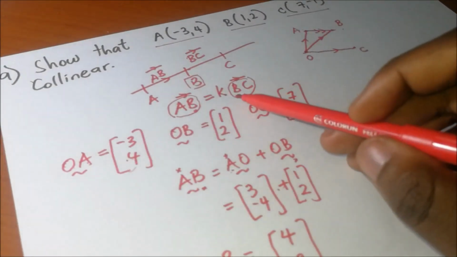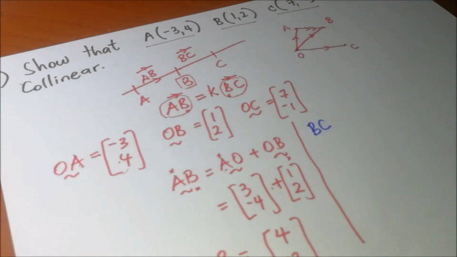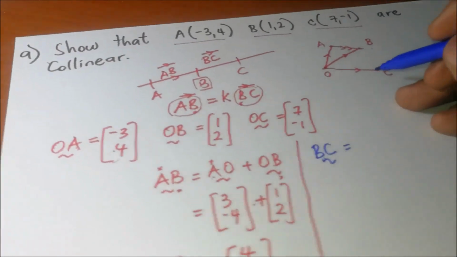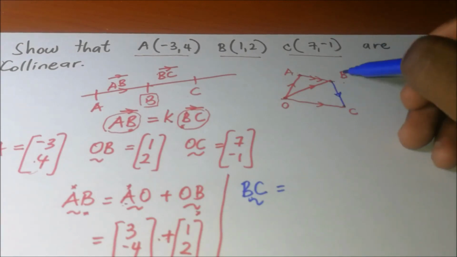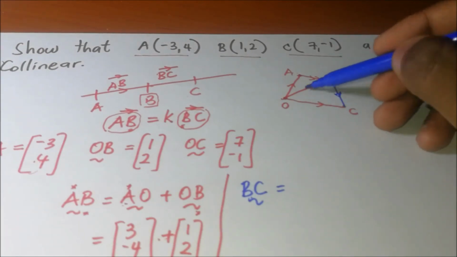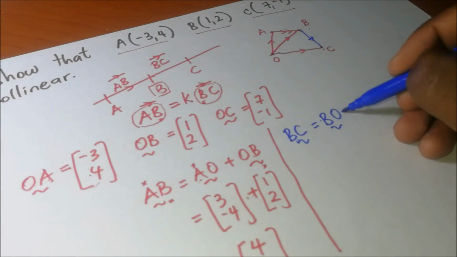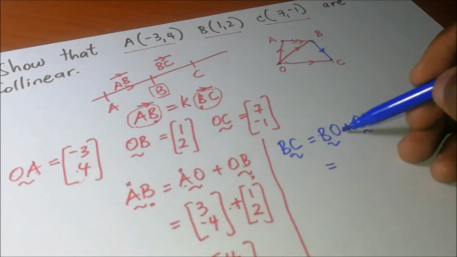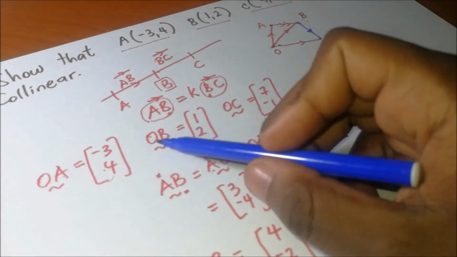So I'm going to go ahead and find BC. I'll use different ink. So to find BC, still looking at our little diagram, if I'm to move from B to C, I can move BO plus OC, that route. So it means that BC is going to be BO plus OC. Remember, our O is our origin. So in this case, for me to move from B to O, I have OB right here.